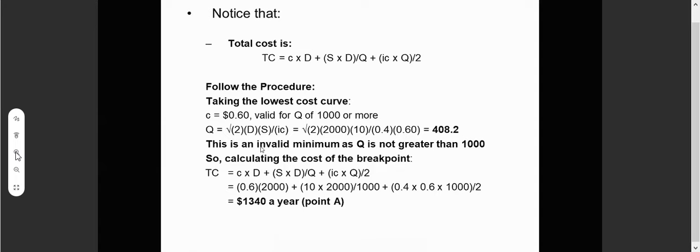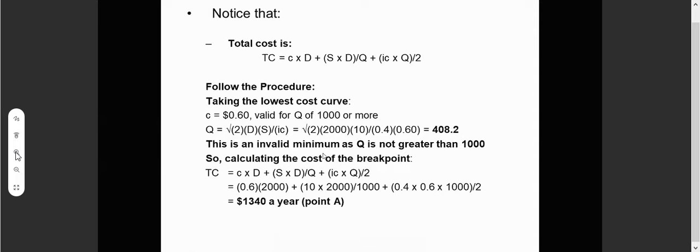So this is an invalid minimum as Q is not greater than 1,000. Based on the optimum order quantity, 408 units is not valid to buy the item at the price of 60 cents.